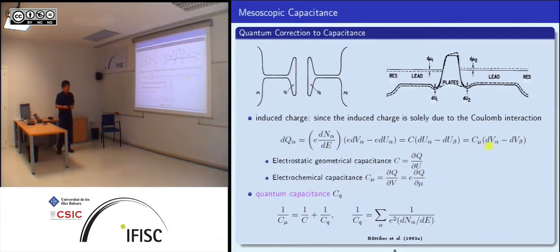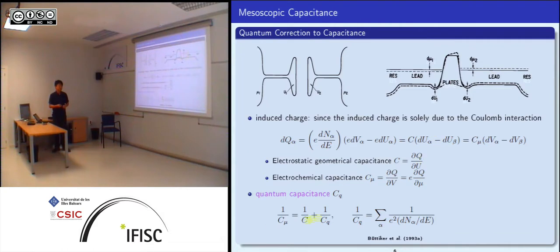And C mu is the electrochemical capacitance, which is quite accessible in experiments because it is measured with respect to the change in chemical potential. It is much easier to tune the chemical potential rather than the band bottom.